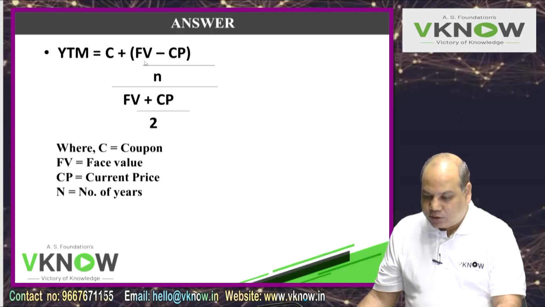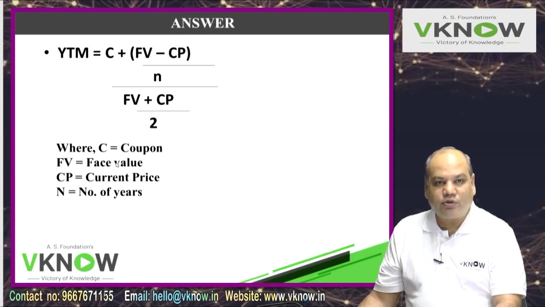If you are using the term FV, then write face value, or RV, then write redemption value. In this question, face value and redemption value are equal, so it doesn't matter. C is coupon, FV is face value, CP is the current price of the bond, N is the number of years.